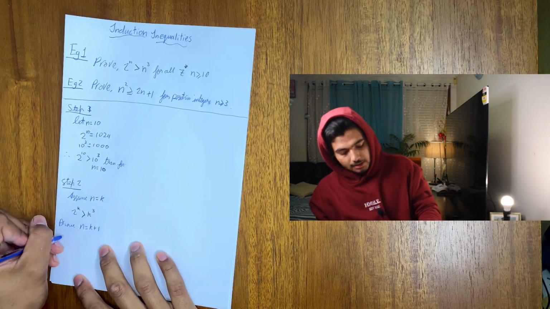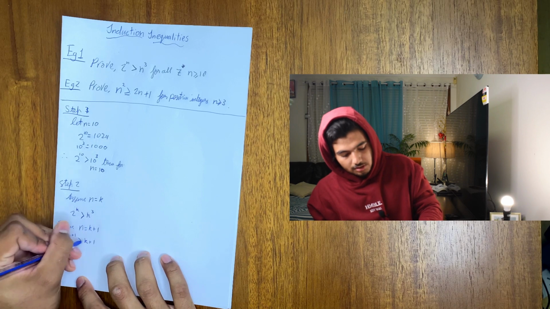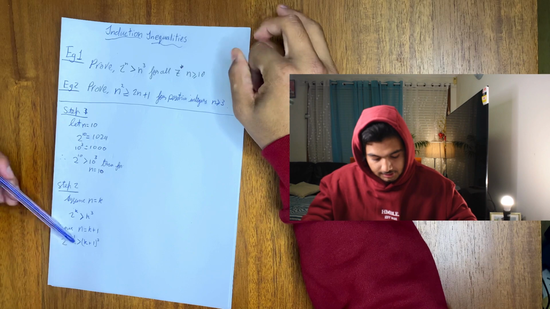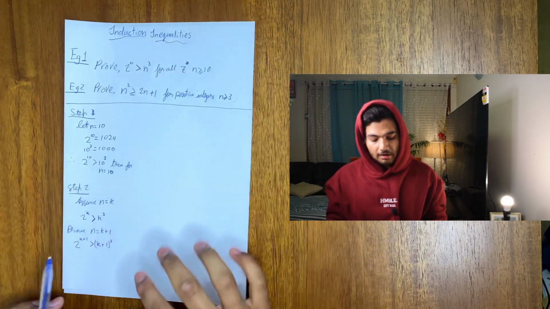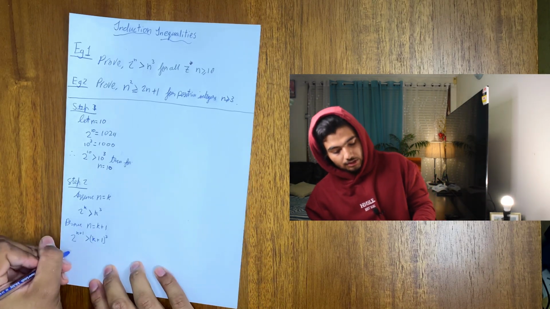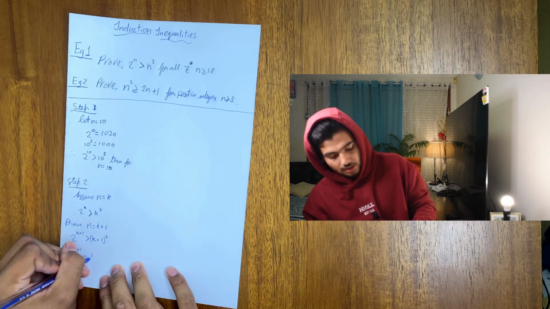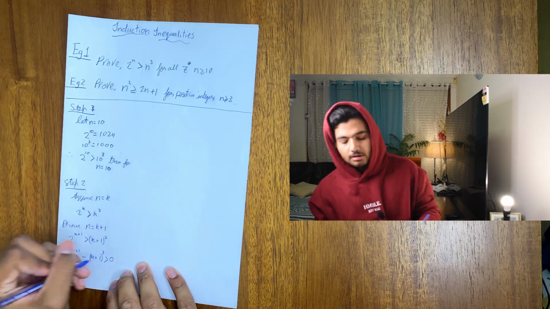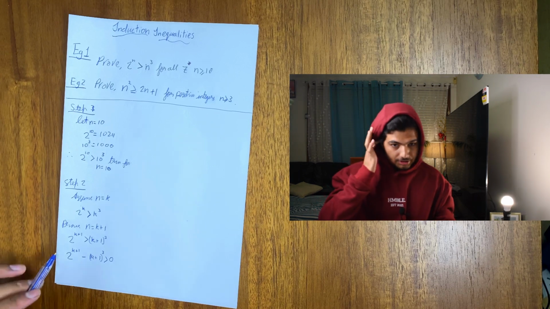Same thing, 2 to the k plus 1 is greater than k plus 1 all cubed. To solve this, looking back at the previous video that we'd covered, every time we have x greater than y, the best way to solve those is going 2 to the k plus 1 minus k plus 1 all cubed is greater than 0. So LHS minus RHS is greater than 0 in this case.